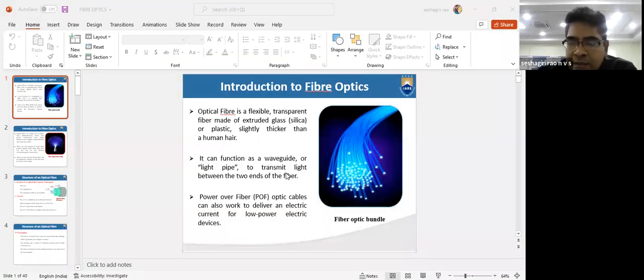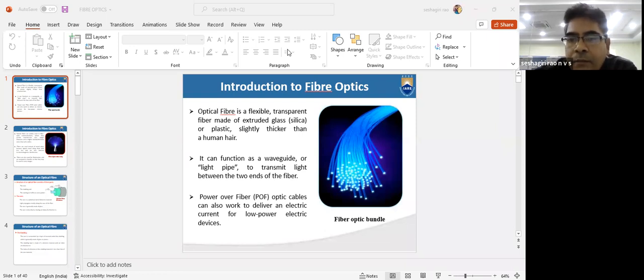Let us see some of the important concepts of optical fibers. So that is the introduction to fiber optics, or optical fibers. Till now we saw the principle behind the optical fiber, that is the critical angle and total internal reflection.